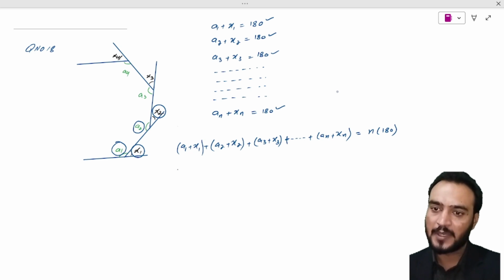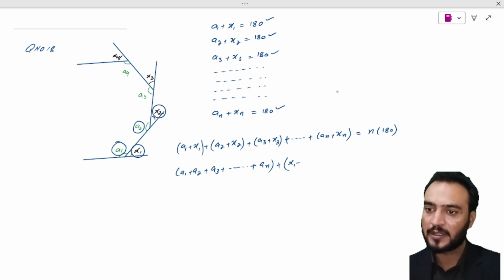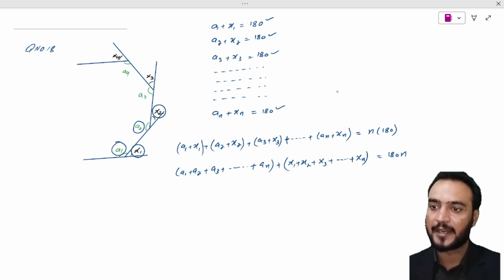So let us separate the a's and x's. a1 plus a2 plus a3 and so on, plus an, plus, separating the x's, x1 plus x2 plus x3 and so on, plus xn is equal to 180 times n. Multiplying 180 by n, we get 180n.